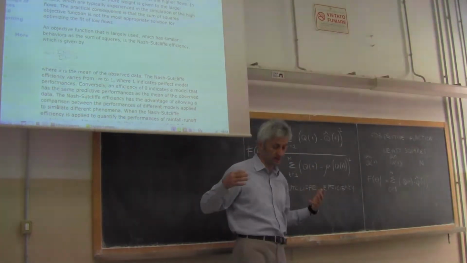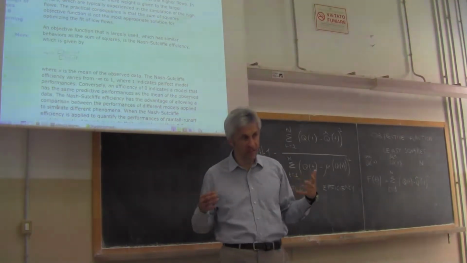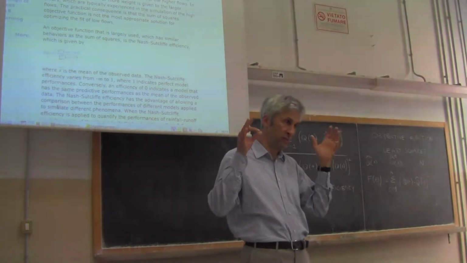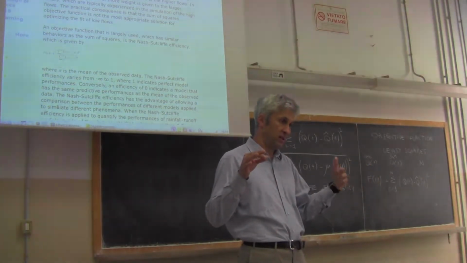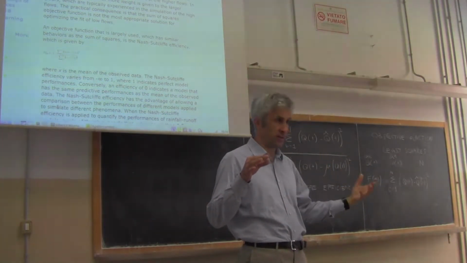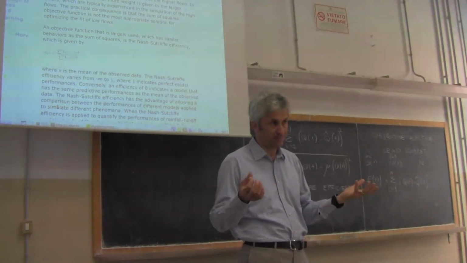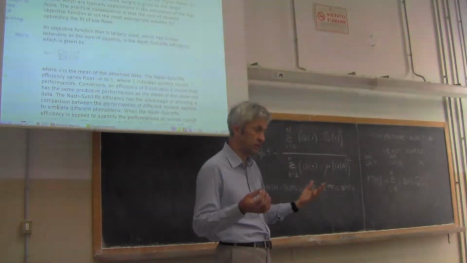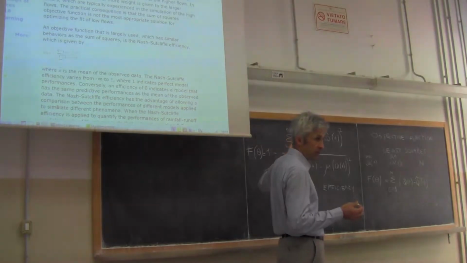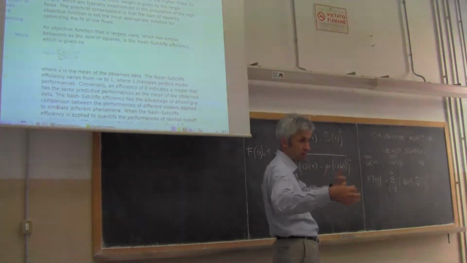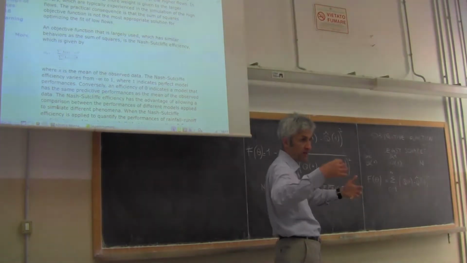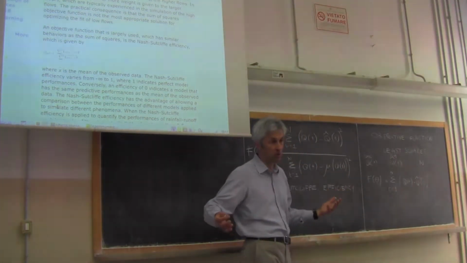It means that the predictive capability of the model is the same as computing the average. So if the magnitude of the model errors is equivalent to the magnitude of the deviation of the observed data from their average, it means that the model is very poor.